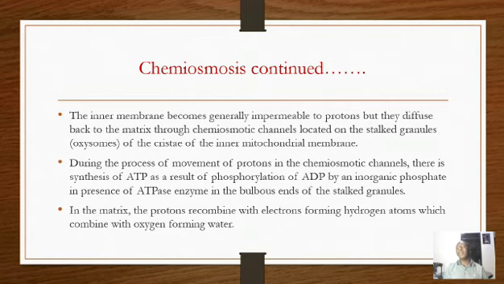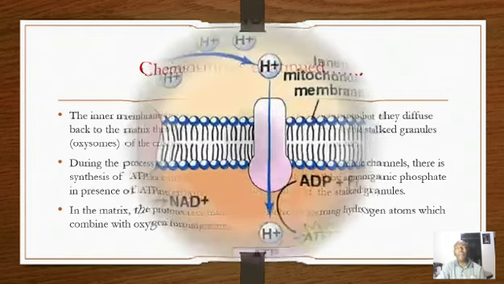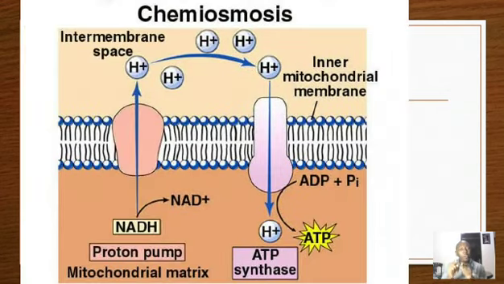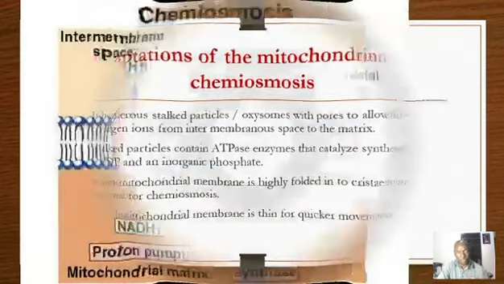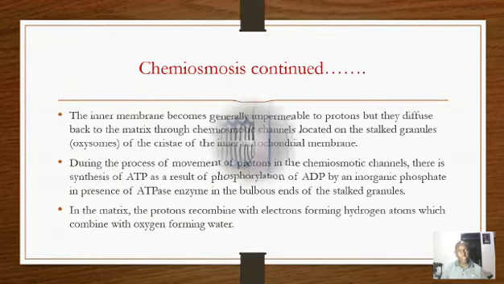But at the same time, the inner mitochondrial membrane becomes impermeable to hydrogen ions, meaning they cannot cross back to the matrix across the inner membrane. Instead, on the cristae of the mitochondrion, there are channels known as the chemiosmotic channels.